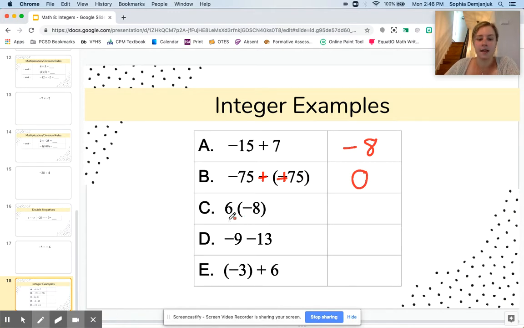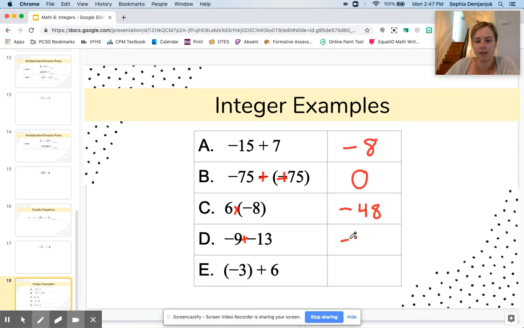For C, I have 6 times a negative 8. One negative when multiplying or dividing keeps me negative, so negative 48. Then my next example, D, negative 9 minus 13 is just like saying negative 9 plus negative 13.